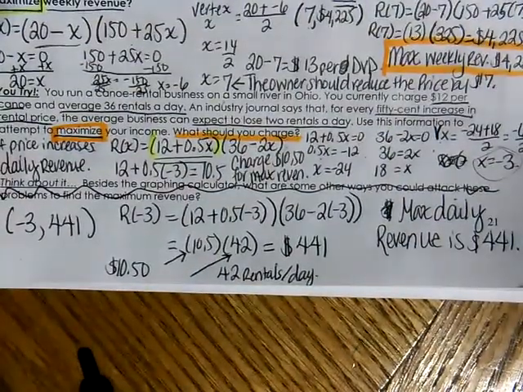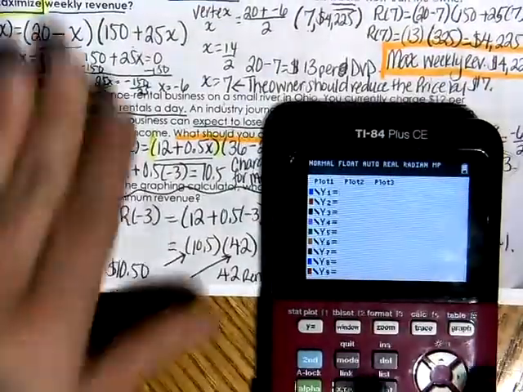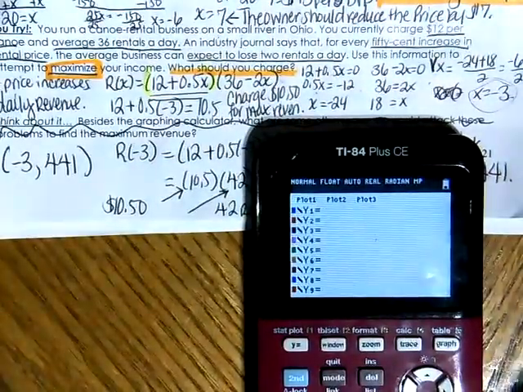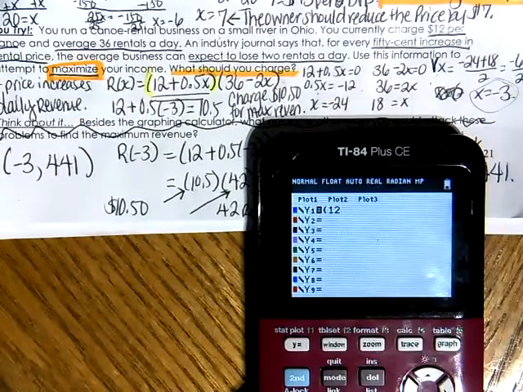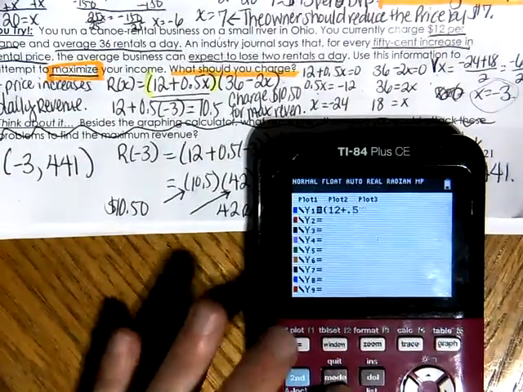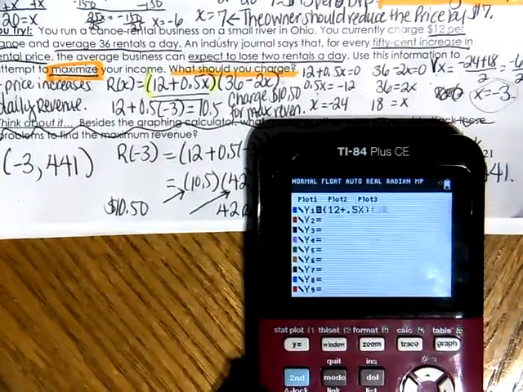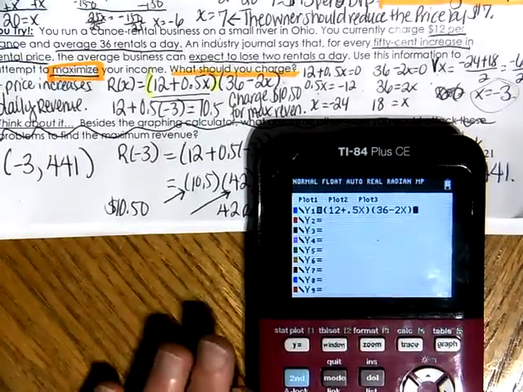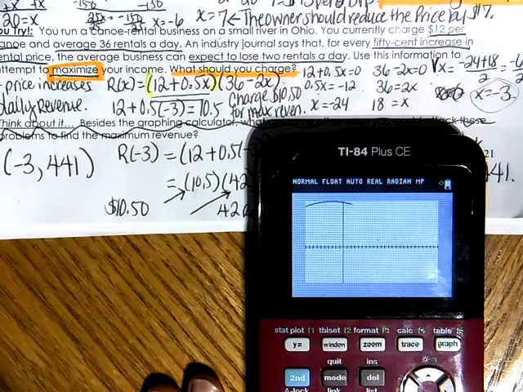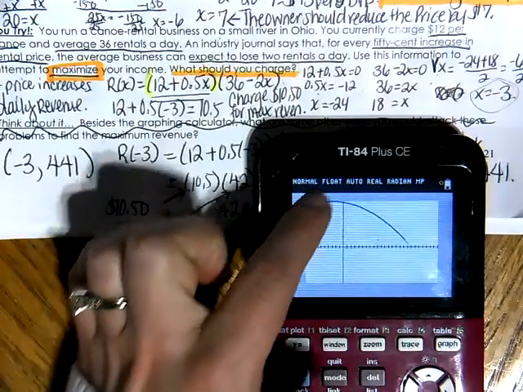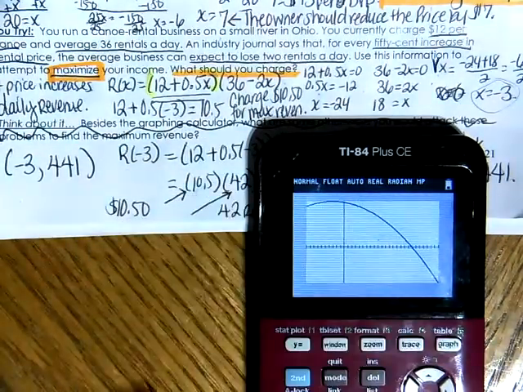We can also graph this one in our graphing calculator just to verify that we did it correctly. So we would put in 12 plus 0.5x and 36 minus 2x. I'm going to press zoom 0 just so that I can see what this graph would look like. We can clearly see that it reaches a maximum and comes back down.